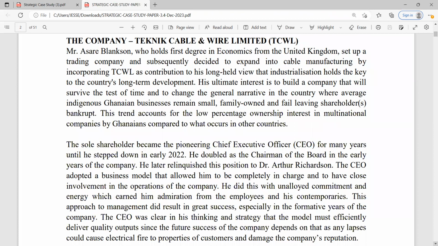Then you also move on to the company, Teknik Cable and Wire Limited. So we now come to talk about the company, right? The company here we are going to talk about is Teknik, which is one of the companies that's competing with PCGL. So you see the structure is the same for a lot of case studies.